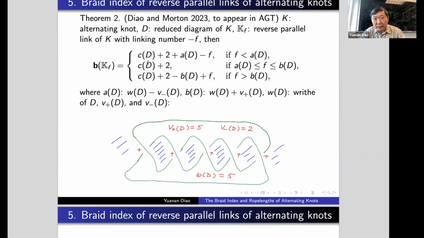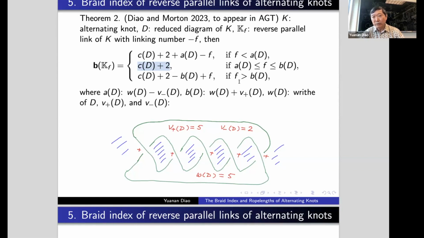So remember the earlier ones. This one basically says that your Braid index starts with C(D) plus 2, where C is the crossing number. Then you compare your F with the quantities A(D) and B(D). If F is between the two quantities, then the Braid index is C(D) plus 2. But if your F is less than A(D), then you add the difference, A(D) minus F, which is a positive number since F is smaller.